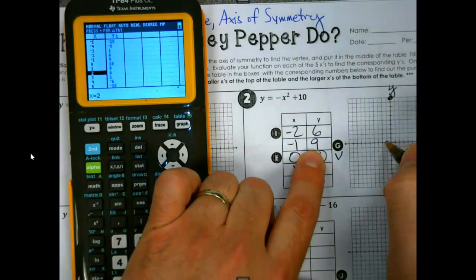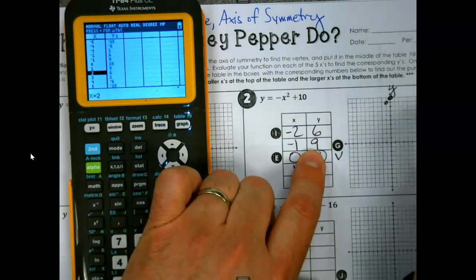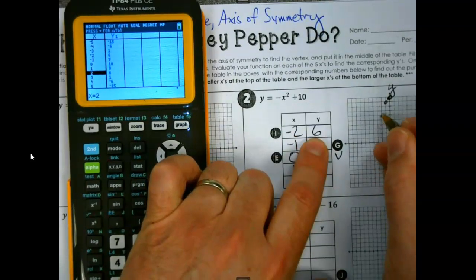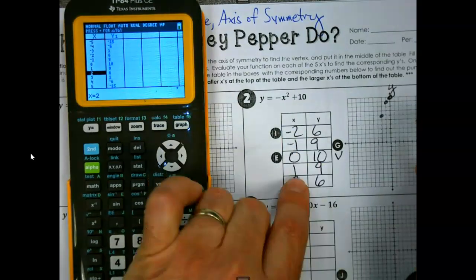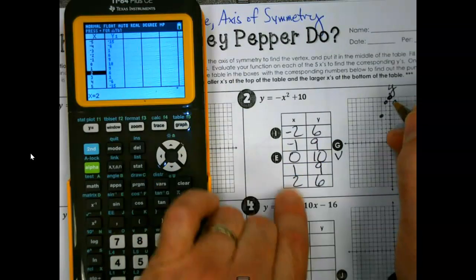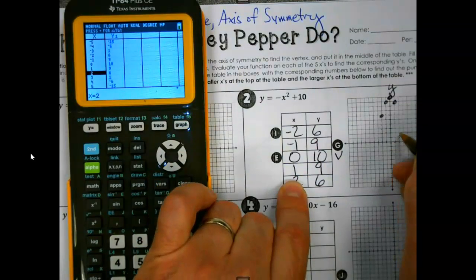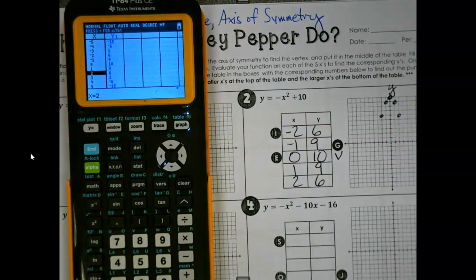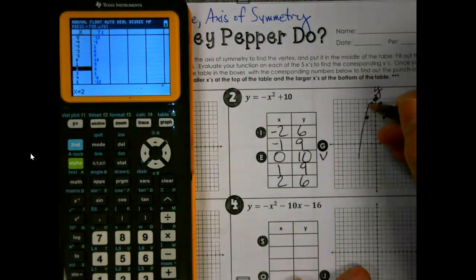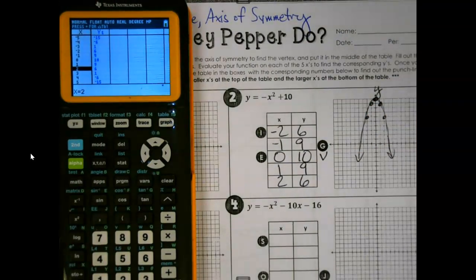Left 1, up 9. Left 2, up 6. And then right 1 and up 9. And right 2 and up 6. So we've still got the U shape, it's just heading downward this time. Excuse me, I think I just said V, this is not an absolute value graph.